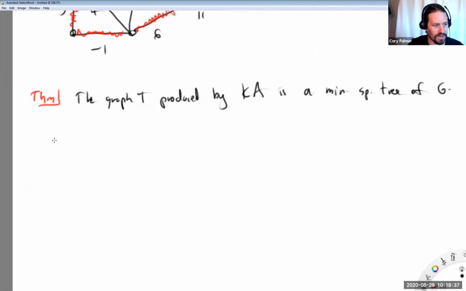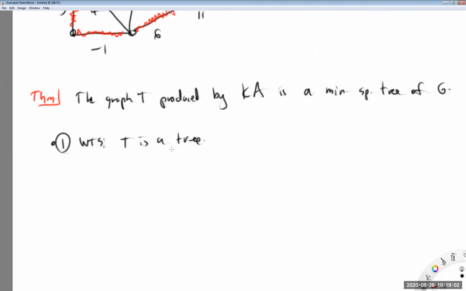So the first step is we want to show that T is a tree. Does the thing that we produced actually form a tree? What do we have to do to show something's a tree? What was the first definition of tree? Can someone tell me that real quick?